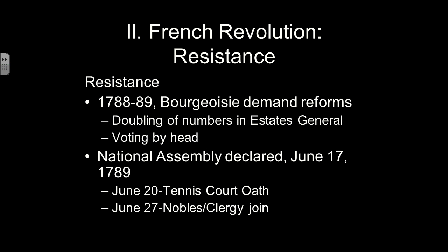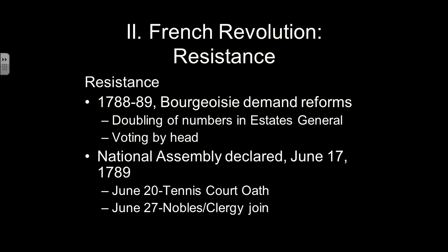And we want all these individuals to meet in the same room and each human being to have an individual vote. Now, the king refused this. Why? Because if you have all these people meeting in the same room and every individual allowed to cast an individual vote, not having to vote as a group, well, the chances are you might find some nobles that are sympathetic to the ideas of the bourgeoisie.